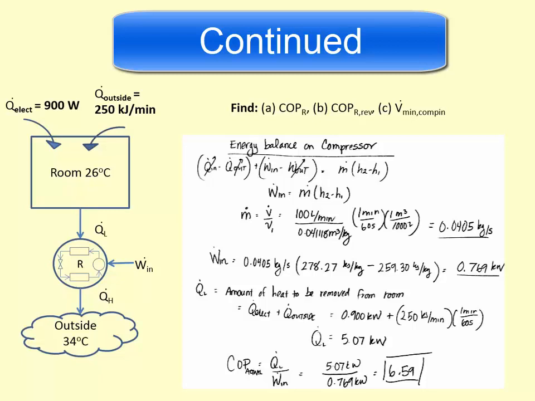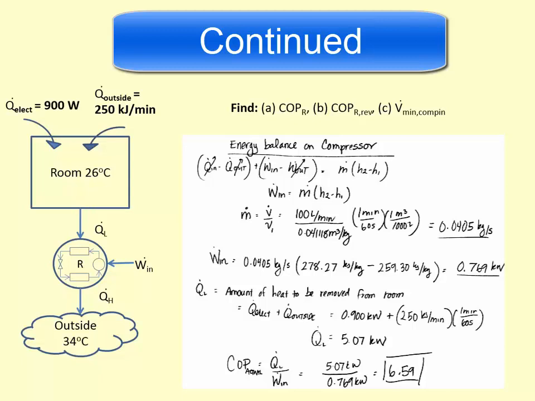Q dot L is a combination of the heat entering the room from the outside, as well as the heat generated by the appliances. So that's the amount of heat that has to be removed by this air conditioning system in order to maintain the room at 26 Celsius.